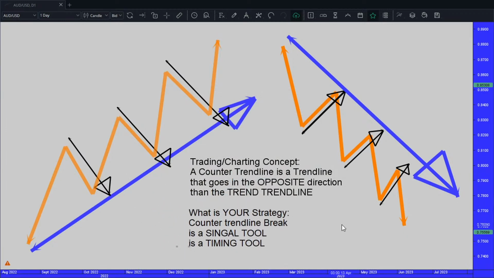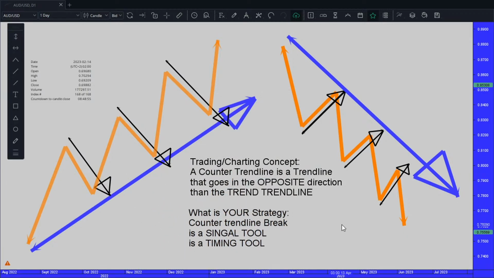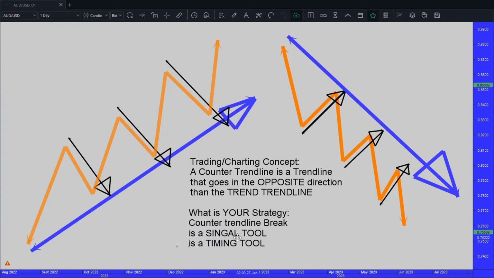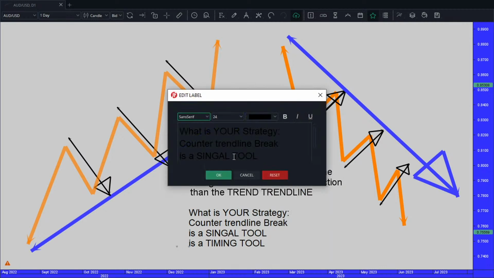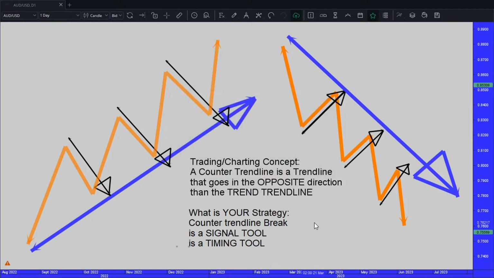There is no right or wrong, it's not mandatory, but if you like counter trend lines, counter trend line breaks, what is your strategy? Counter trend line break is a signal tool. Typo, thank you very much. Students say typo boss, edit label. It's a signal tool. Thank you very much.